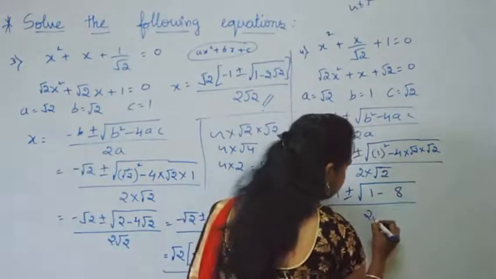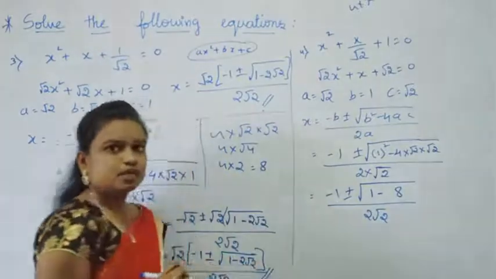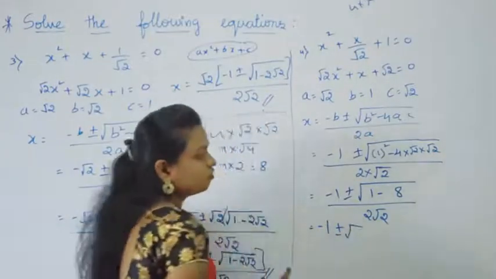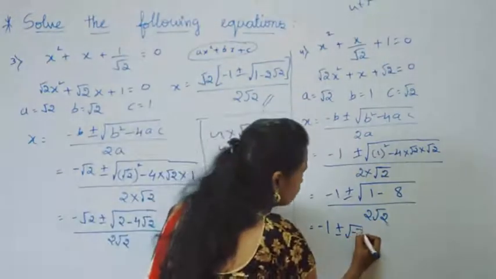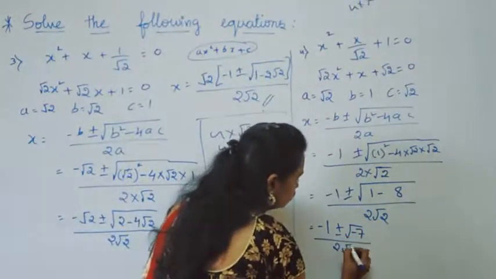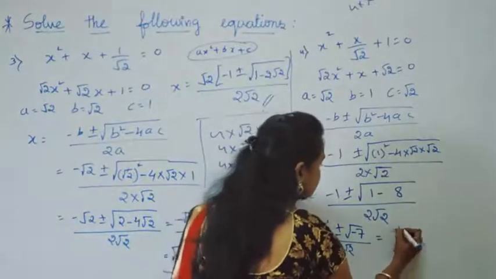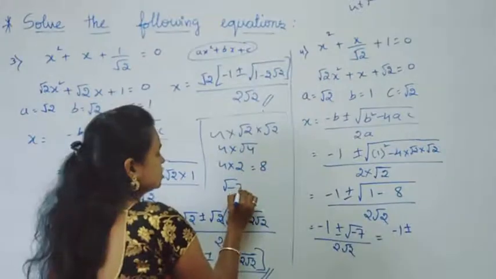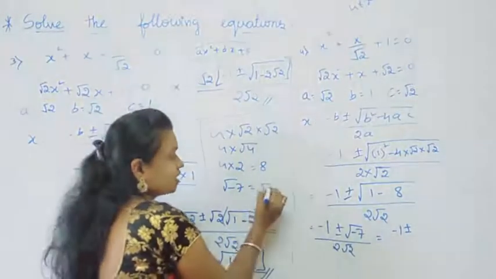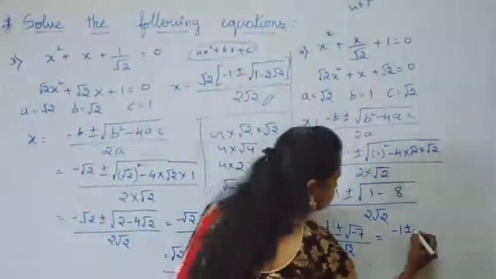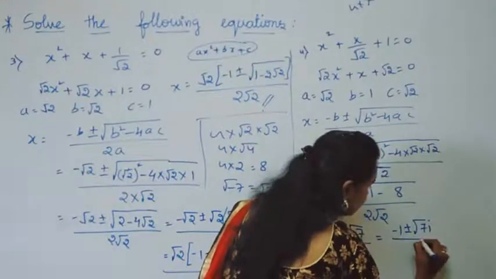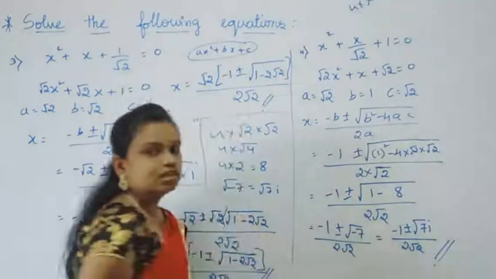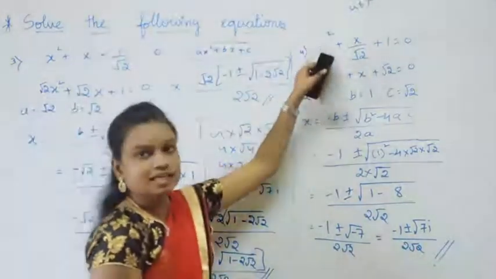Divide by 2 into root 2, which is 2 root 2. Understand? It is equal to minus 1 plus or minus square root of 1 minus 8, which is minus 7, divided by 2 root 2. Or it is equal to minus 1 plus or minus square root of minus 7, which is root 7 into i, whole divided by 2 root 2, and this is our root of the quadratic equation.